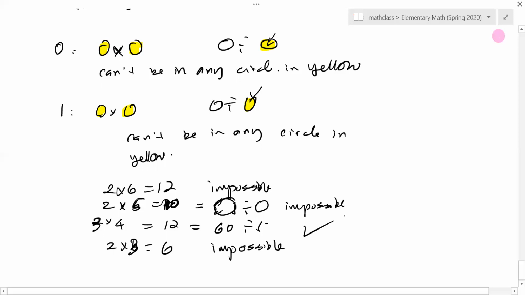Only this works. Okay, I know your brain hurts, but this type of problem has multiple choices at the very beginning. You have to exclude them one by one, okay? And sometimes you have to draw a tree, case 1, case 2.